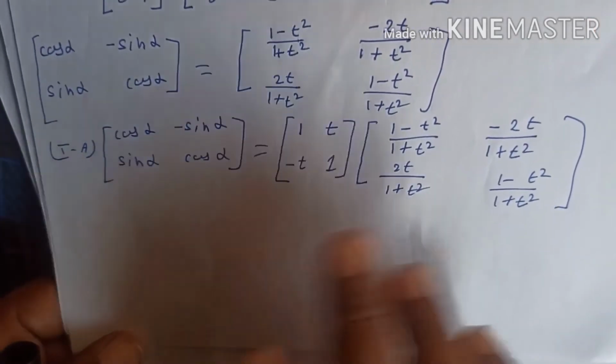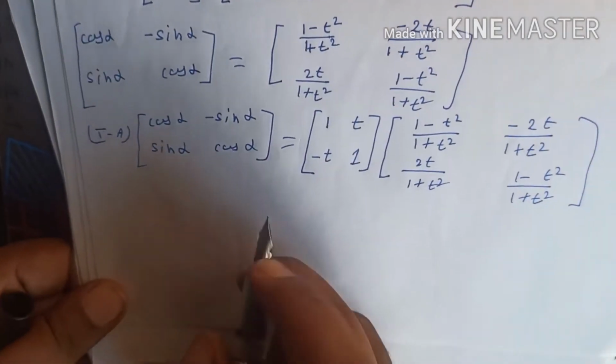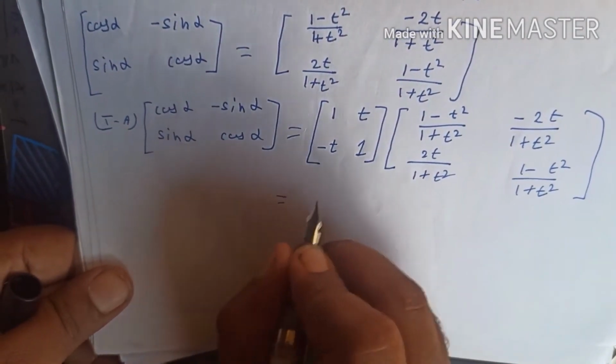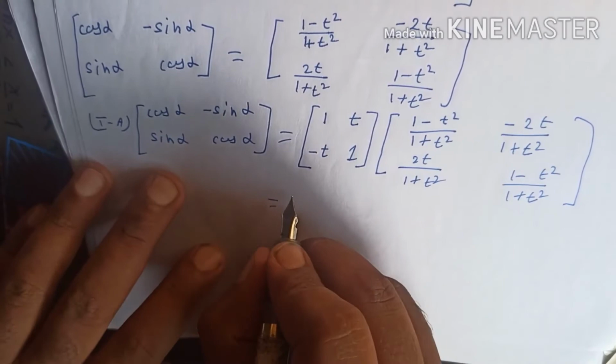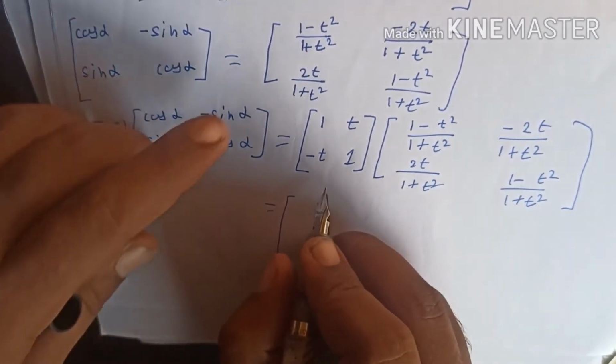So I just directly write down the values. You can solve it, because you guys know how the multiplication is going on.